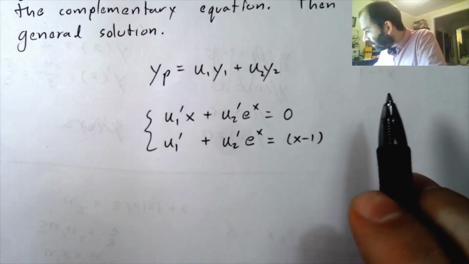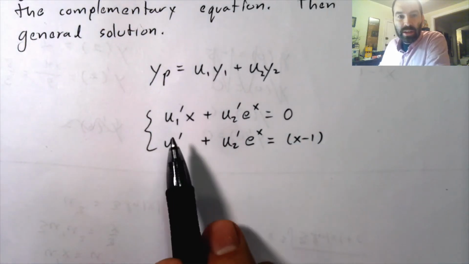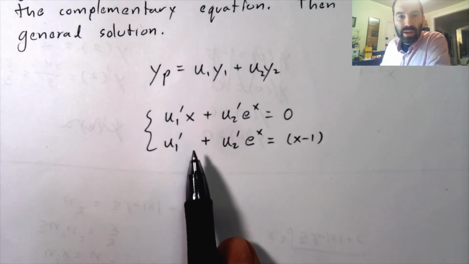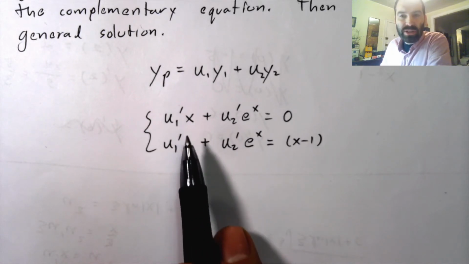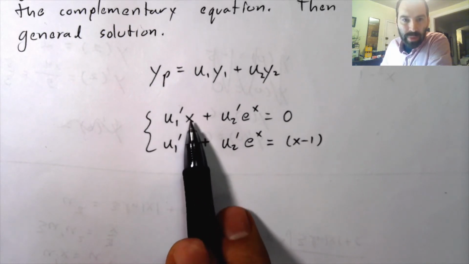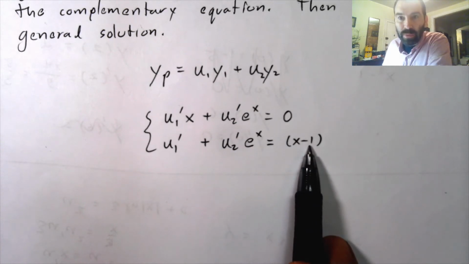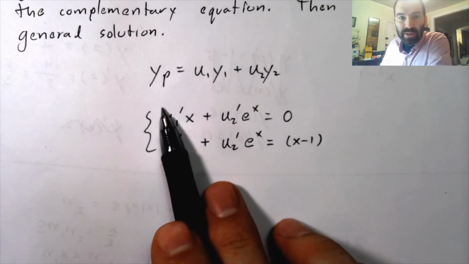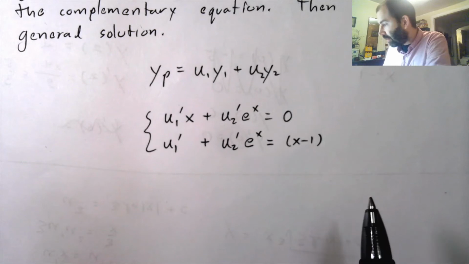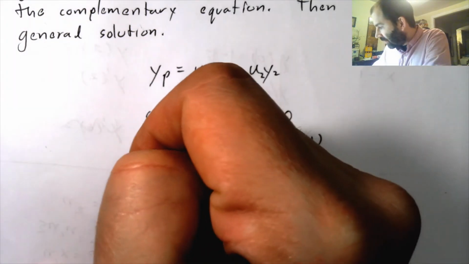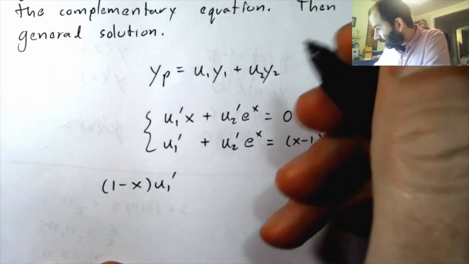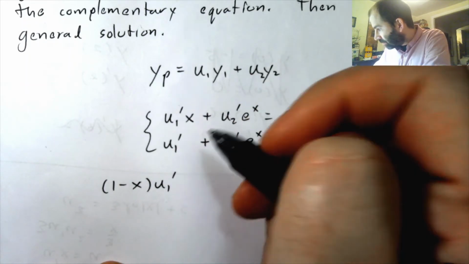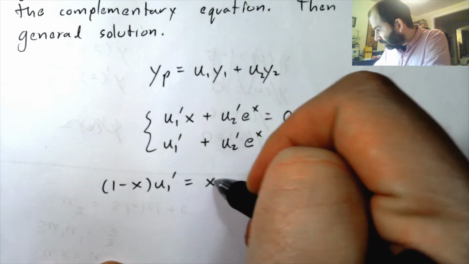All right, let's see. How can we solve this? Let's subtract the top equation from the bottom equation, because I see I'm going to get a 1 minus x here, which looks a lot like this x minus 1. So you're going to have this, right?